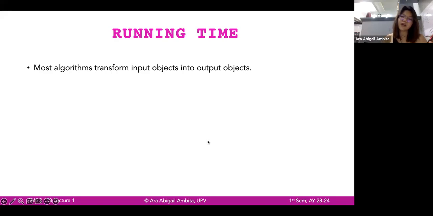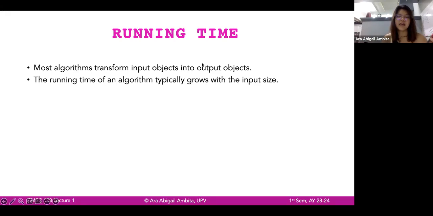From what we have discussed before, an algorithm is a set of procedures or steps that will convert a set of inputs into a set of outputs. When executed, an algorithm will have some running time, and we all know that the running time of an algorithm will also grow with the input size.